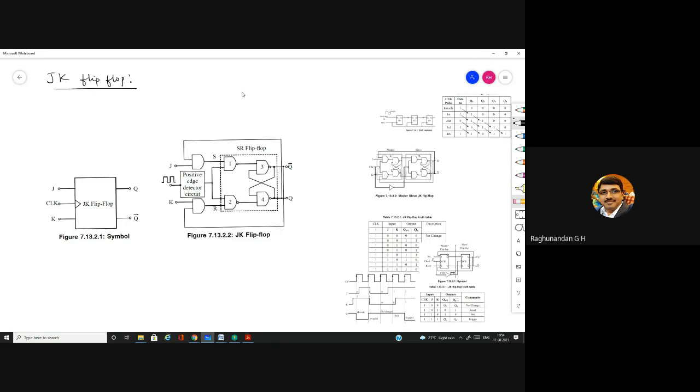Coming to the internal structure of JK flip-flop, this portion is the same digital circuit of SR flip-flop. To this SR flip-flop, as usual, we have given the positive edge detector circuit. So this entire portion is the same as SR flip-flop.